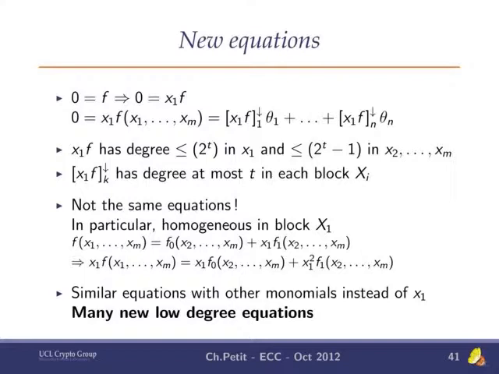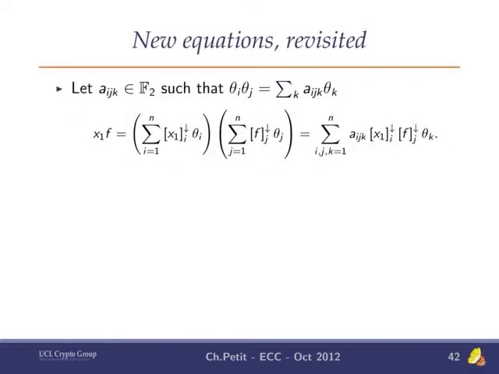You might get equations with higher degrees, but still not too high. So by this technique you will get many new low degree equations, which is supposed to help in the resolution. Okay, so let's see this new equation in another way. Let's define a_ijk belonging to F_2 such that theta_i theta_j is equal to this.